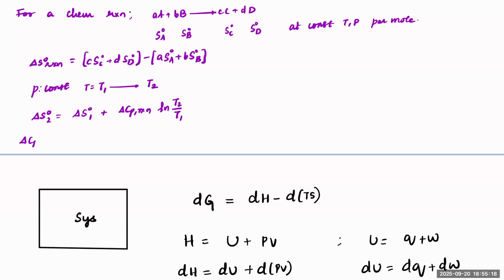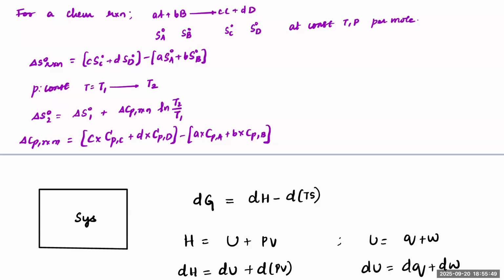Now, delta Cp of the reaction is written the same way as above: C into Cp of C plus D into Cp of D, minus A into Cp of A plus B into Cp of B. This is how we can calculate delta Cp of the reaction.